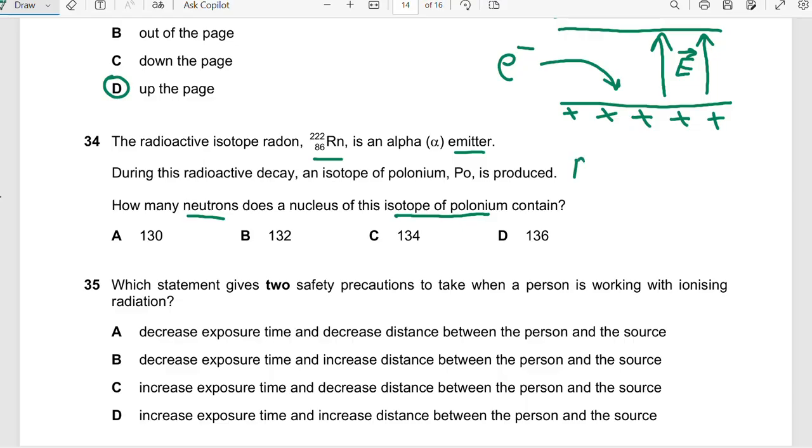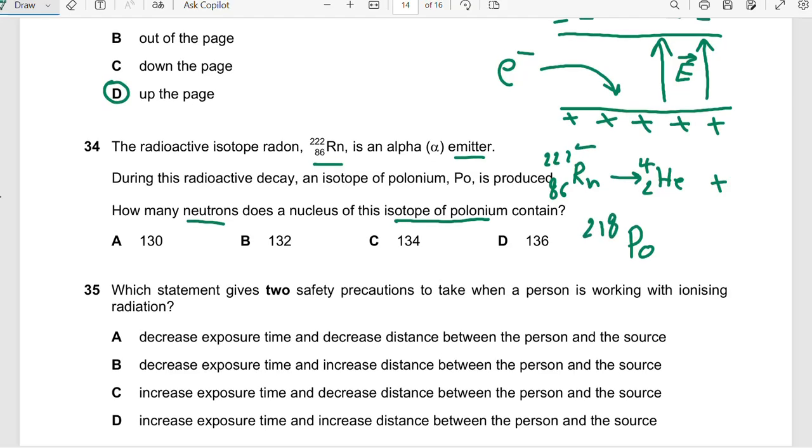Radon, Rn, 222, and here 86. When it gives an alpha particle, He of 4, 2, it will give me also polonium, Po. The mass number will be reduced by 4, so it's going to be 218, and the atomic number will be reduced by 2, so it's going to be 84.